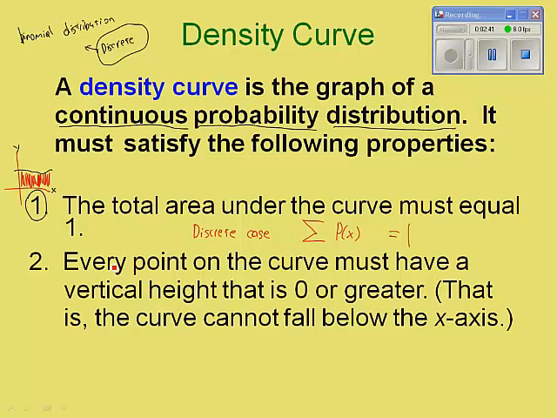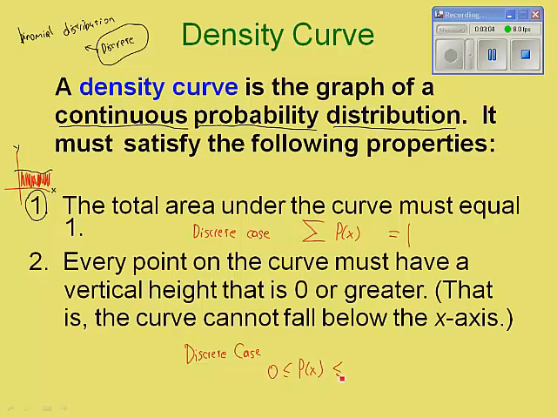Number 2, every point on the curve must have a vertical height that is 0 or greater. That is, the curve cannot fall below the x-axis. Well, we had something similar in the discrete case. Do you remember what it was? Yeah, p of x had to be greater than 0. Right?